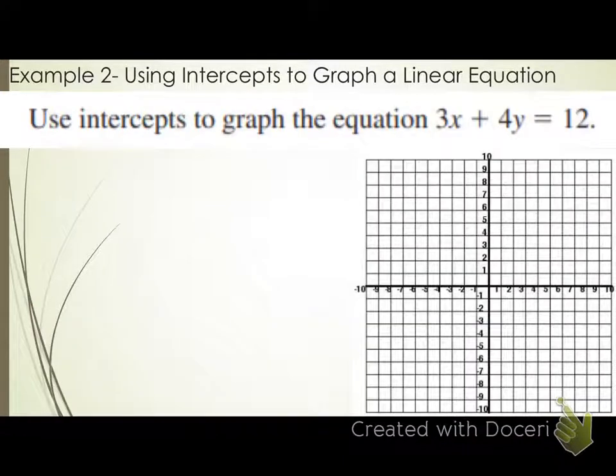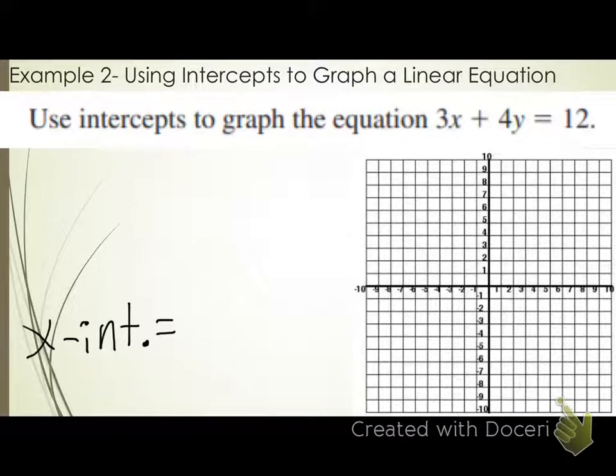So let's look at an example real quick. Use intercepts to graph the equation 3x plus 4y equals 12. Let's find our x-intercept first. Remember, to find our intercepts, we replace the opposite variable with 0.